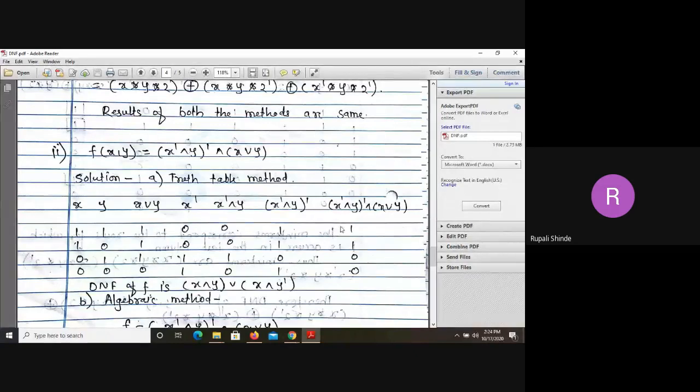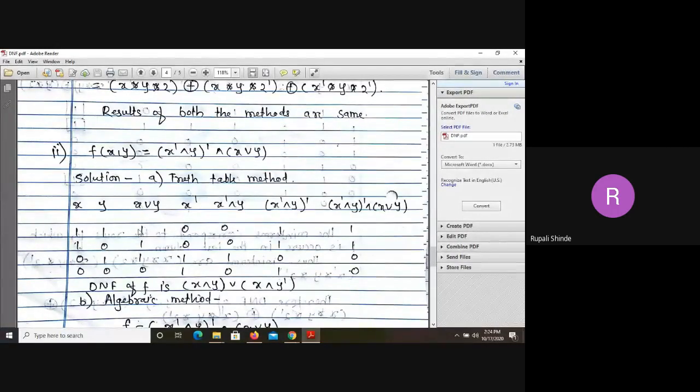And now we have to take the product of these two columns: x or y is one column, and the complement of x complement and y is another column.